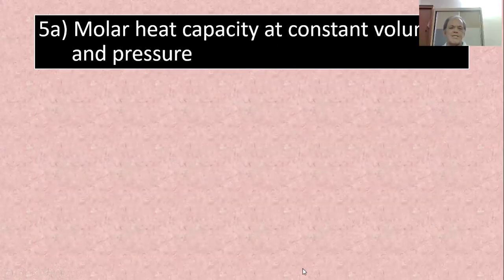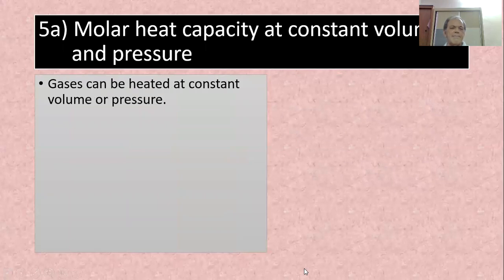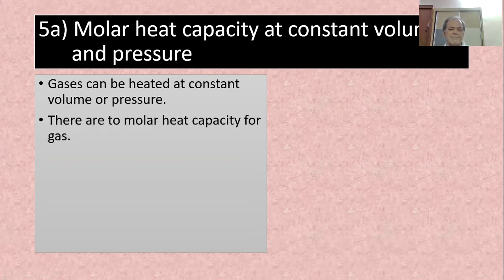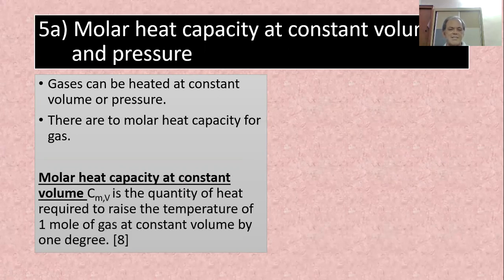Molar heat capacity at constant volume and pressure. Gas can be heated at constant volume, meaning you don't want the volume to change, or it can be heated at constant pressure. So there are 2 heat capacities for gas. Molar heat capacity at constant volume is the quantity of heat required to raise the temperature of 1 mole of gas at constant volume by 1 degree.